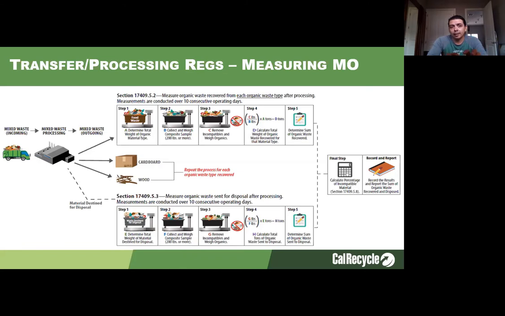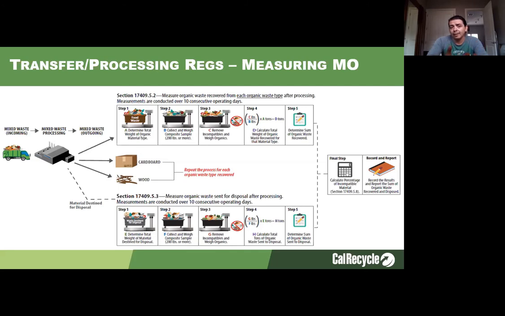So let me start by going over the measurement protocol for mixed waste organics. The section numbers to be aware of are 17409.5.2, which is the measurement protocol for measuring organic waste that's been recovered from the mixed waste stream, for material that's going out for further processing, end use, or recovery.